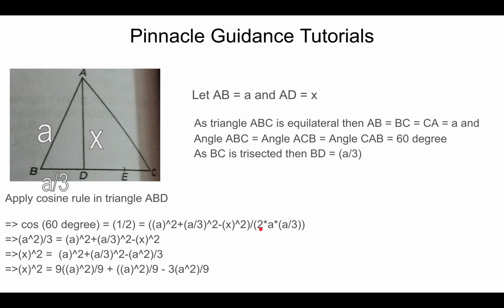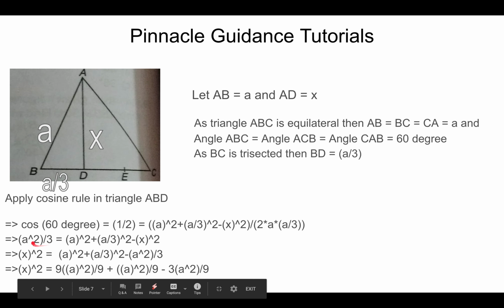So this 2 and this 2 cancel out, and shift this a square by 3 to this side. And this minus x square went to this side, and this a square by 3 comes back to this side. So it's like a square plus (a by 3) whole square minus a square by 3. So we need a common denominator, so 9 can be our common denominator.